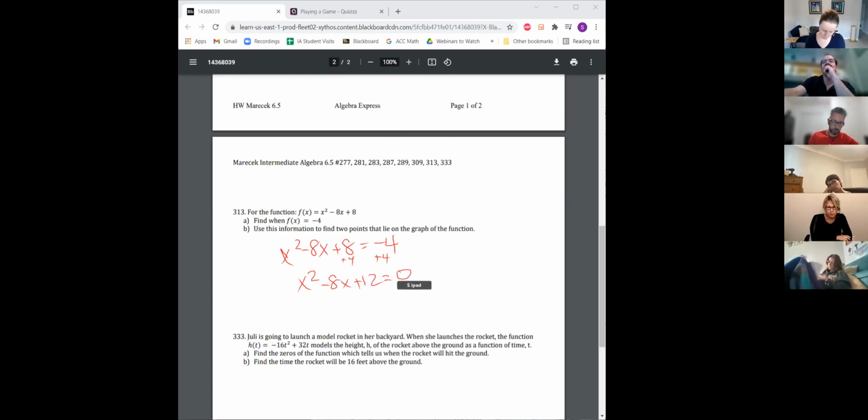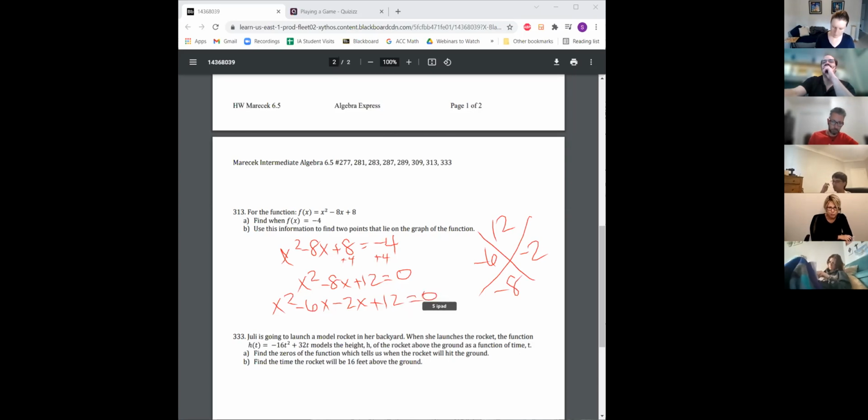And then the 2 that go with that is -6 and -2. All right. So I got x squared minus 6x minus 2x plus 12 equals 0. And then out of the first ones, I factor out an x and got x minus 6. And then for the next one, I took out a 2 and got x minus 6.